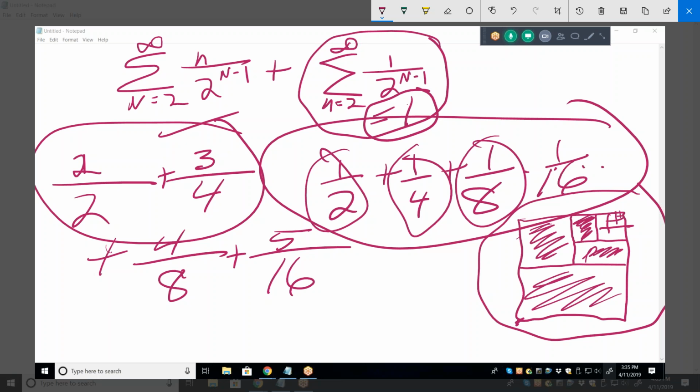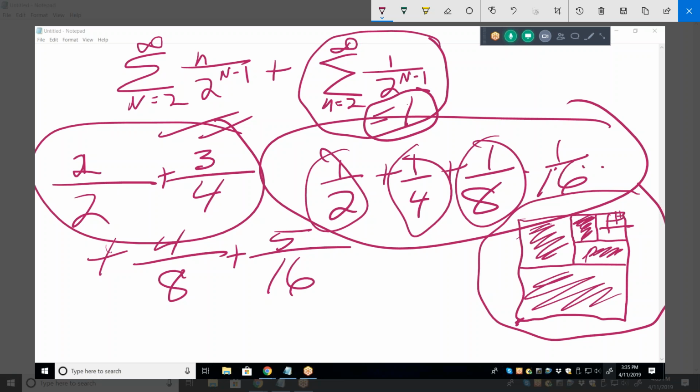This series clearly goes to 1 and more, right? The first two terms are 1 3/4. Do you have an answer on this? If you have it, I'll bet it's close to 4, yeah. No, it's more.